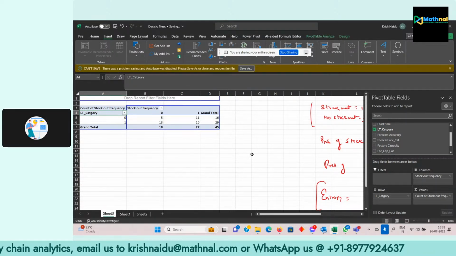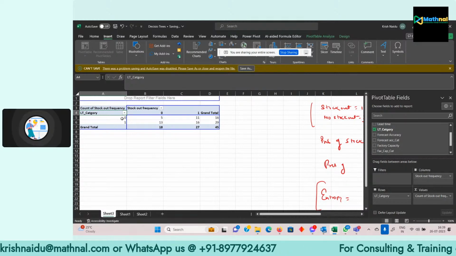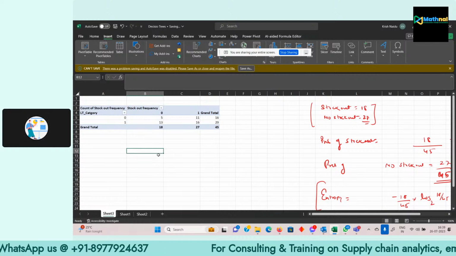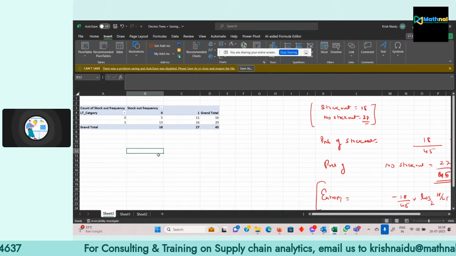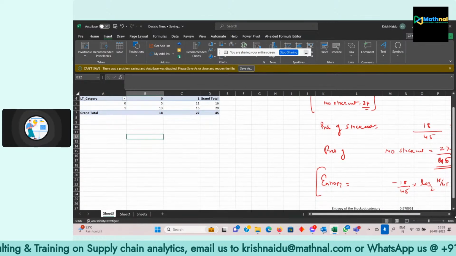First we're going to measure the entropy for the lead time category wise. So now we are going to measure the entropy of the category lead time.